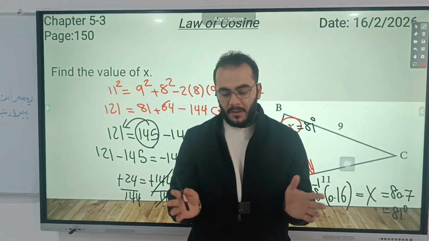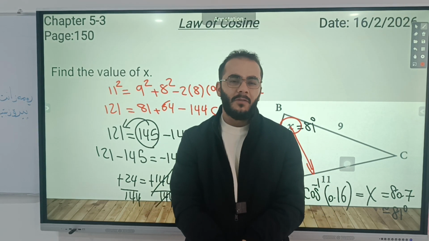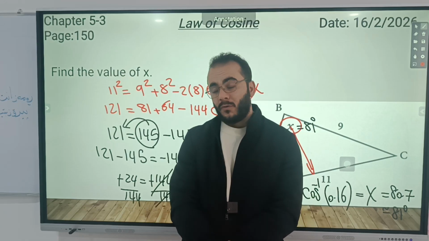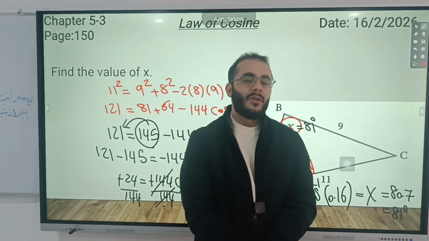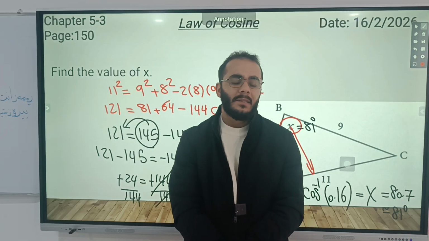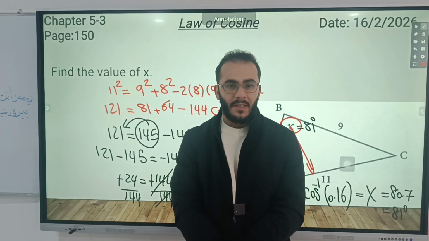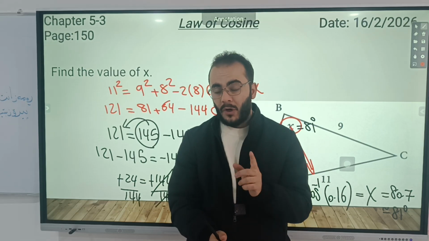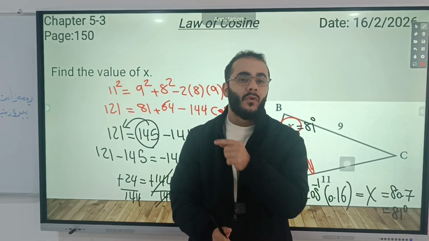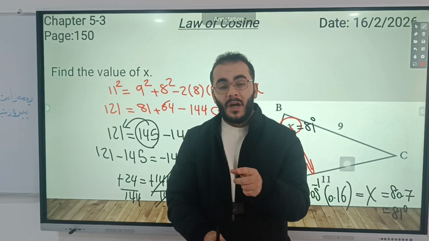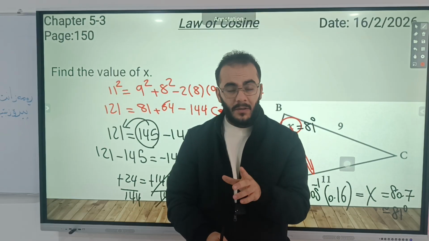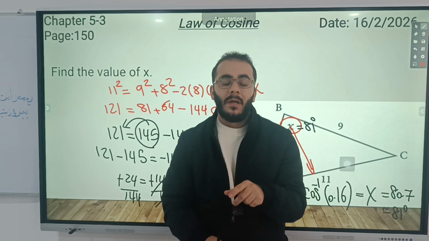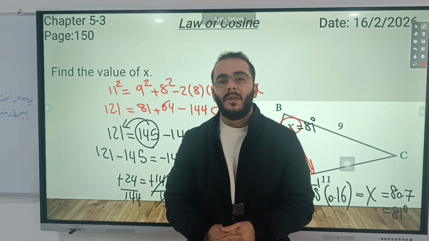Well, finally, I'm just going to remind you the difference between the law of sine and the law of cosine. If you have a triangle, and two sides and the angle between them are given, we are going to use the law of cosine. But if the two sides and the angle were given, but the angle wasn't between the two sides, in that case we are going to use the law of sine.